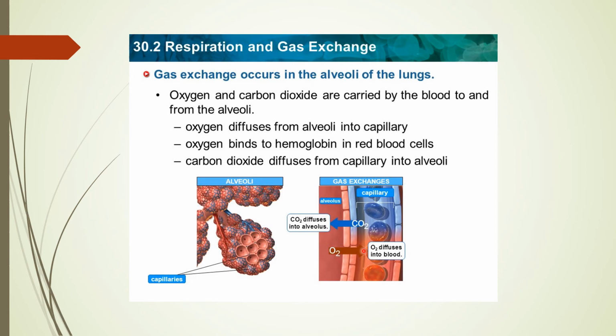So when the oxygen is flowing in the blood, it is flowing in the form of oxyhemoglobin, and it reaches every cell of the body, and wherever it is required, that oxyhemoglobin again dissociates into oxygen and hemoglobin, and the cell will use that oxygen. So this is the process.